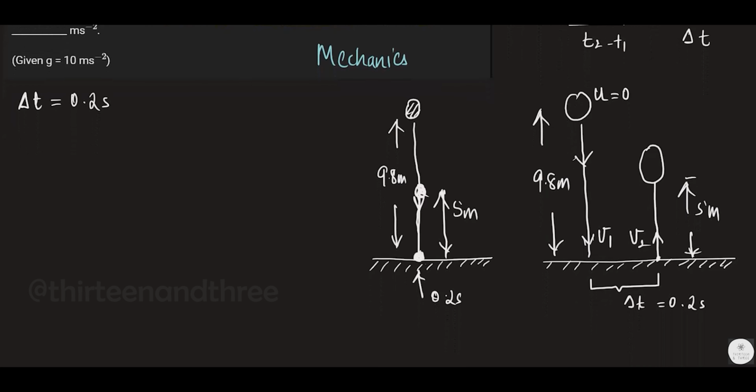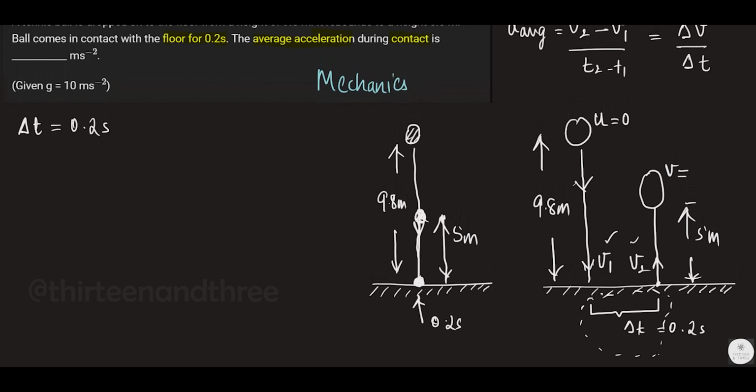For this contact we need to find the average acceleration, so we need v1 and v2. In the second case, v2 is the velocity with which it will rebound. After that, when it reaches the height of 5 meter, v is equal to 0. Nothing is happening. It has reached the maximum height.